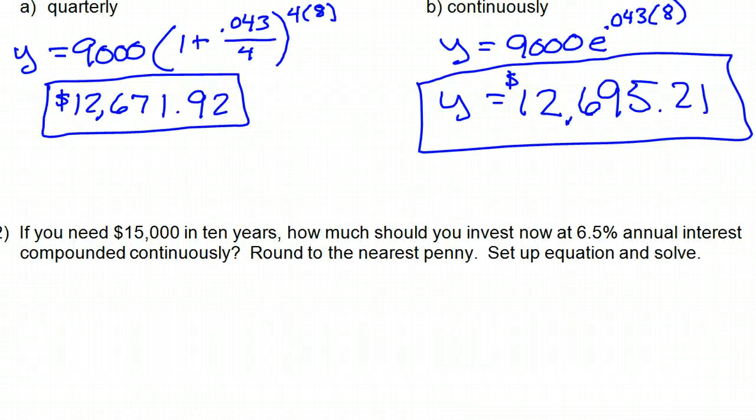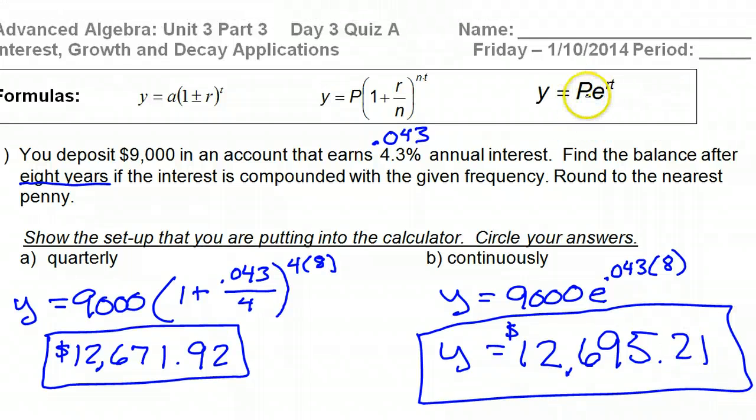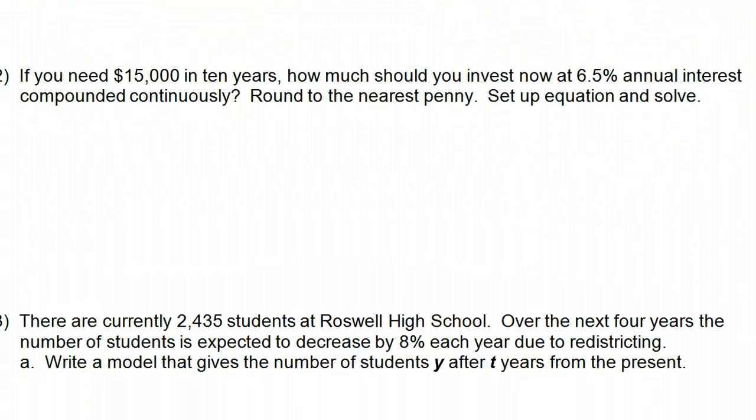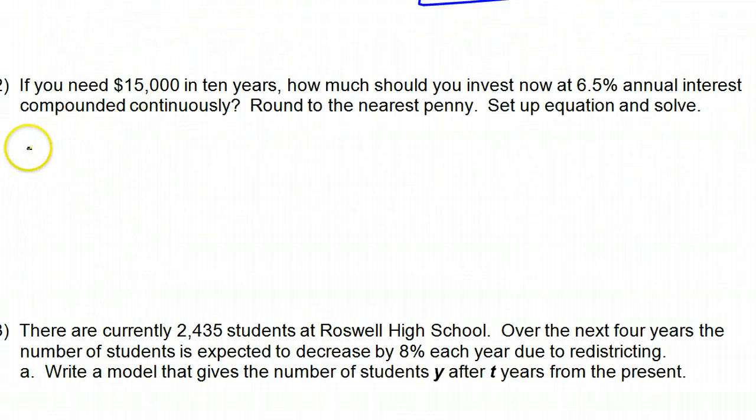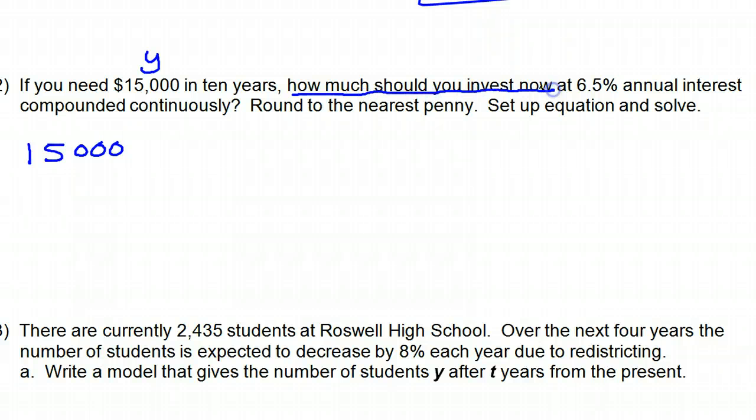So instead of putting this in for P, the principal, this amount is going to be the Y value, the eventual total. So it needs to go out front. So this equation, thinking of the PERT formula, is going to start with your 15,000. That is the Y value. The question is, how much should you invest now?